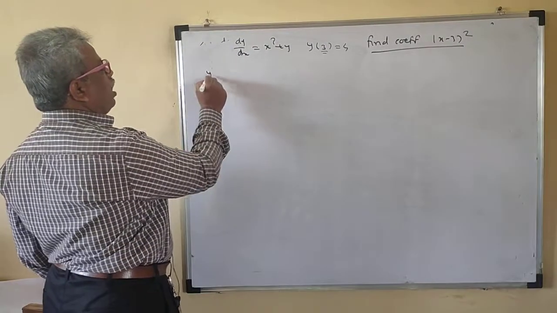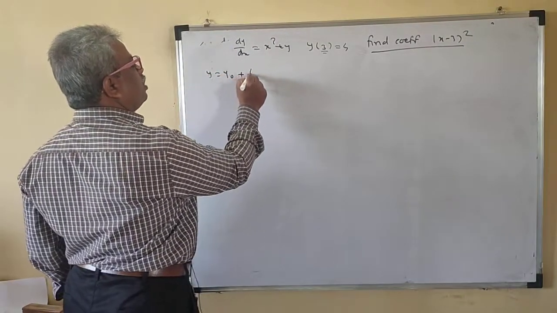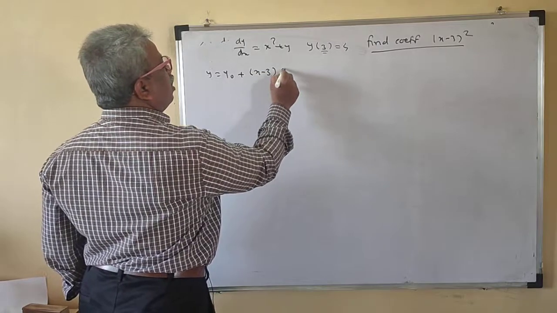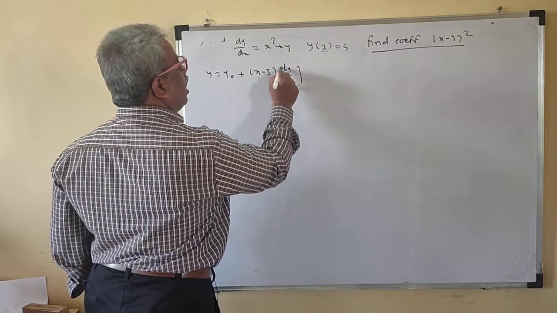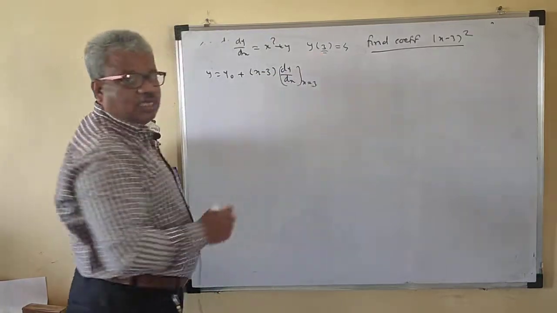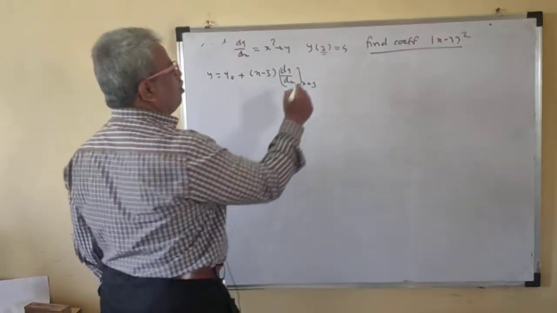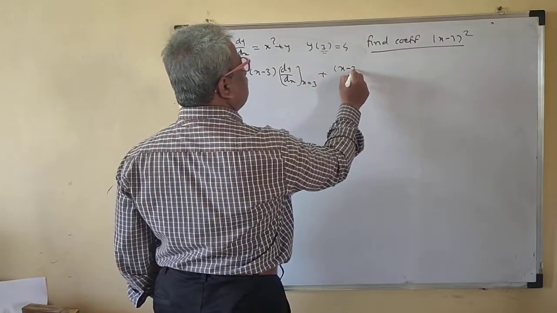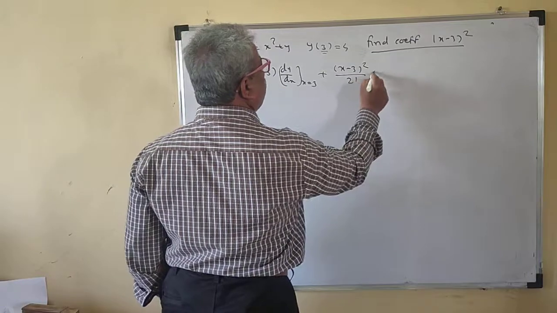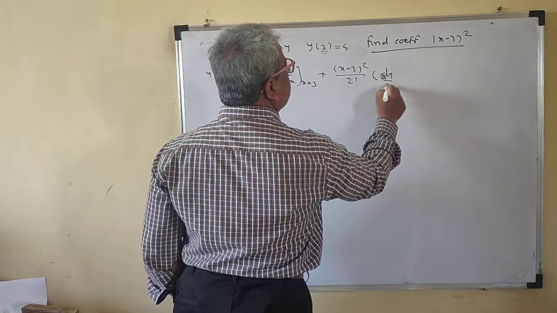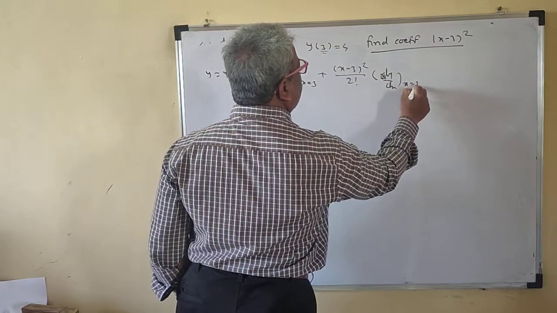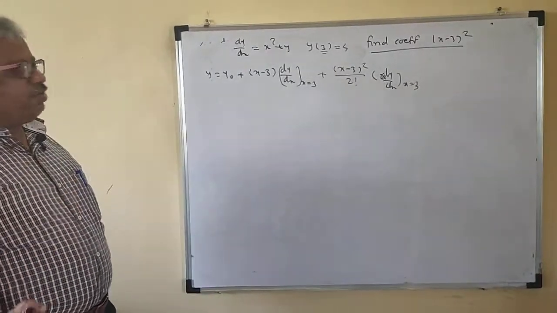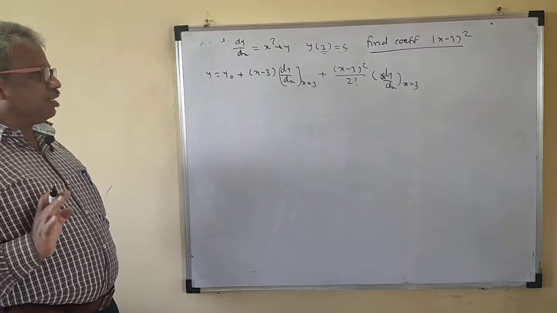So y is equal to y naught plus x minus 3 times dy by dx at x is equal to 3, because the initial value x naught is 3 now, plus x minus 3 square upon 2 factorial times d2y by dx square at x is equal to 3. We'll do only the first 3 terms.